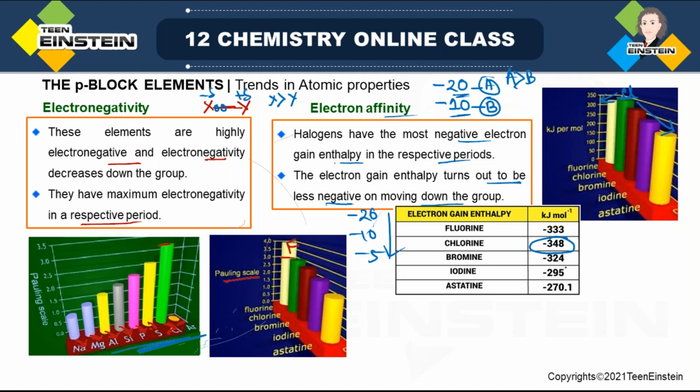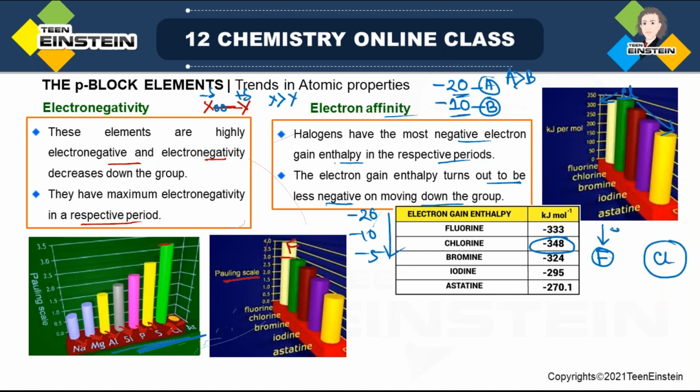We can expect that fluorine should have the maximum electron affinity, but that is not the case. What happens here is that the fluorine atom already has some electron density, 2s2 2p5. Its size is very small compared to chlorine, whose size is comparatively larger.